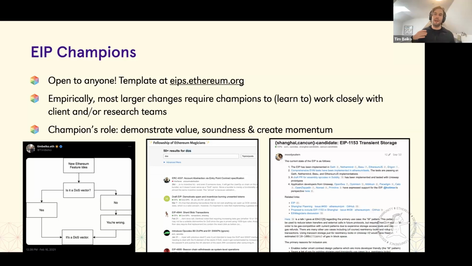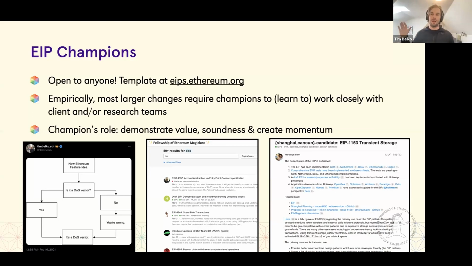But then if you do a really good job, you end up at a spot where you've done all these things. And one recent example that I think did a really good job was the folks from Uniswap who championed EIP 1153, where they implemented it across all of the clients, wrote some extensive testing, got feedback from not only core developers, language developers, but also from the community, to show that there was value for this.